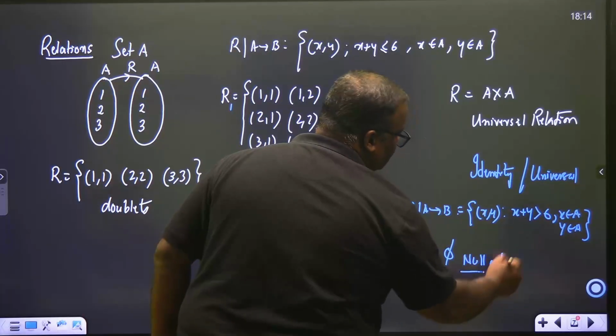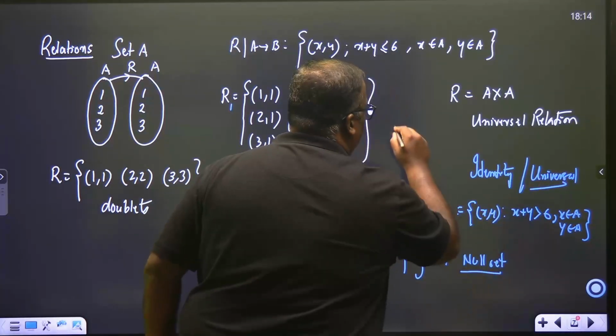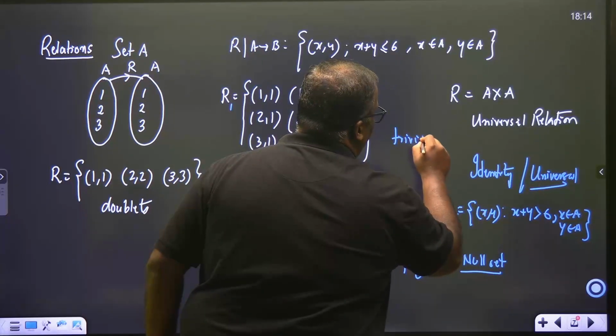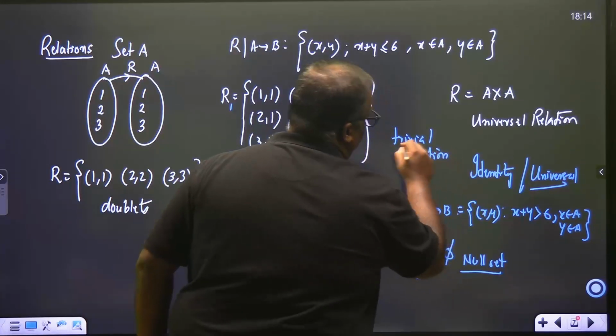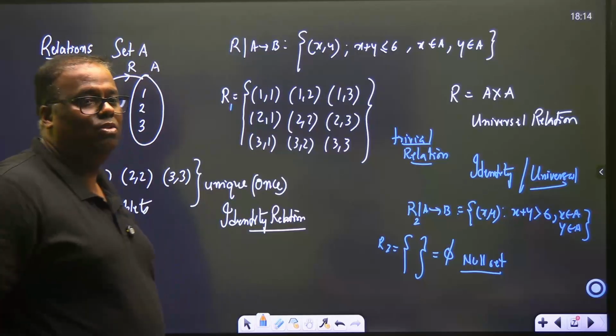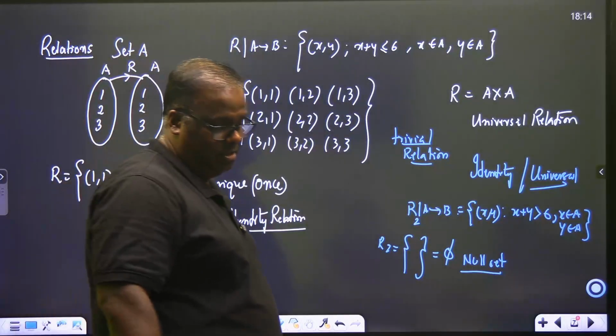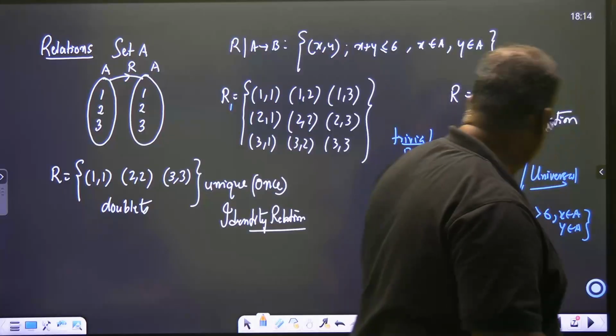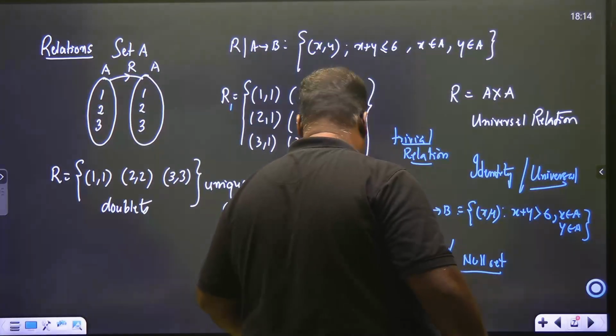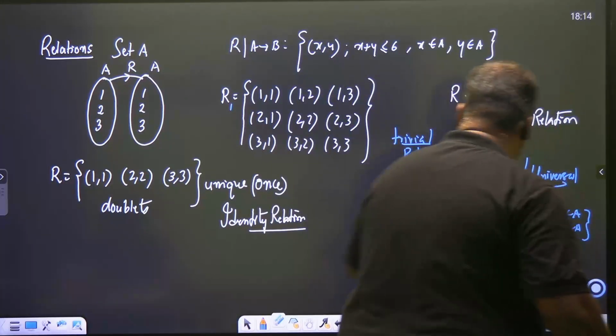So this and this together are known as trivial relation. Null set and universal relation, and these are known as trivial relations or empty relation. This we don't call it null set. Sorry, I wrote null set. We call it an empty relation. Okay.